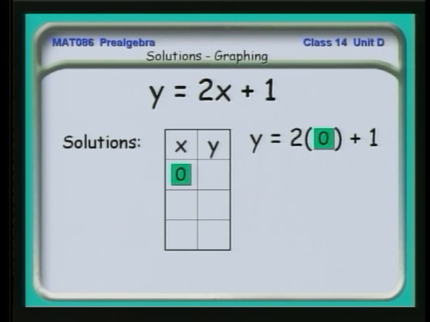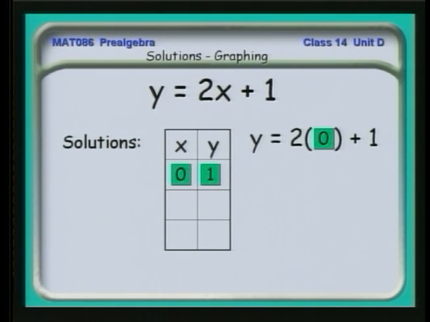If x is equal to 0, then 2 times 0 is 0, plus 1 is the value for y, and I've generated y is equal to 1. So now I've generated a coordinate pair, x equals 0, y equals 1, that is a solution to the equation by picking one value and then solving for the other.